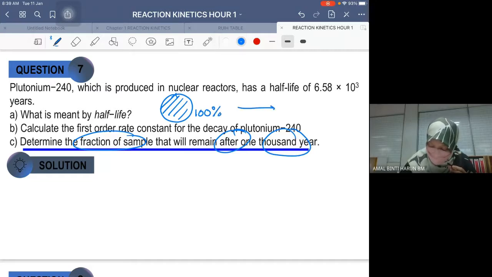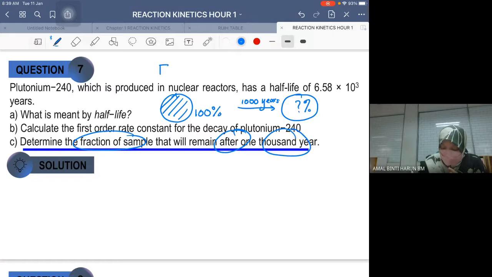So after decay, selepas berapa tahun ni? Selepas 1000 tahun. So berapa banyak yang tinggal? So we can assume that initially concentration plutonium, initial dia 100%. So kita nak cari selepas 1000 tahun concentration dia ni.